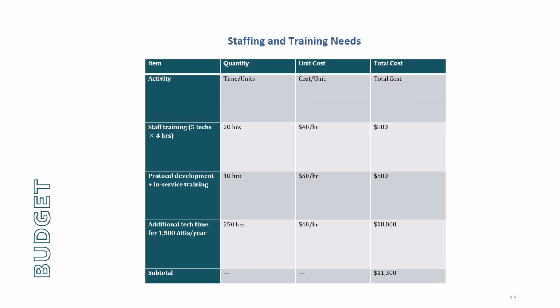Staffing and training needs. To train 5 techs for 4 hours each at $40 an hour will cost $800. Protocol development and in-service training for 10 hours at $50 an hour will cost $500. Additional tech time for 1,500 ABIs a year will cost $10,000, for a projected subtotal of $11,300.